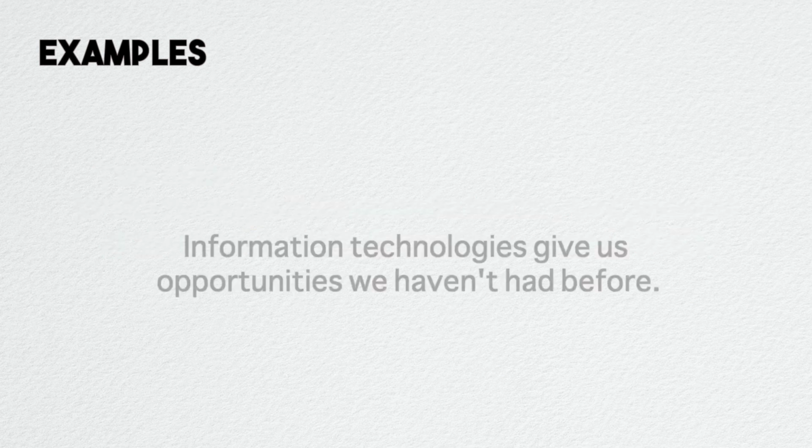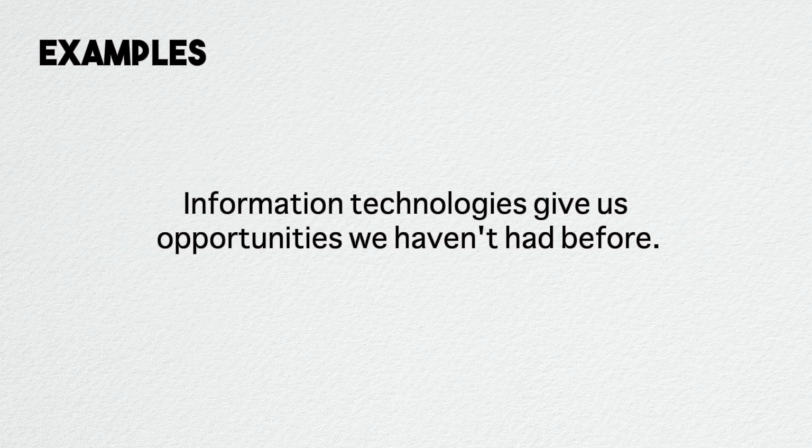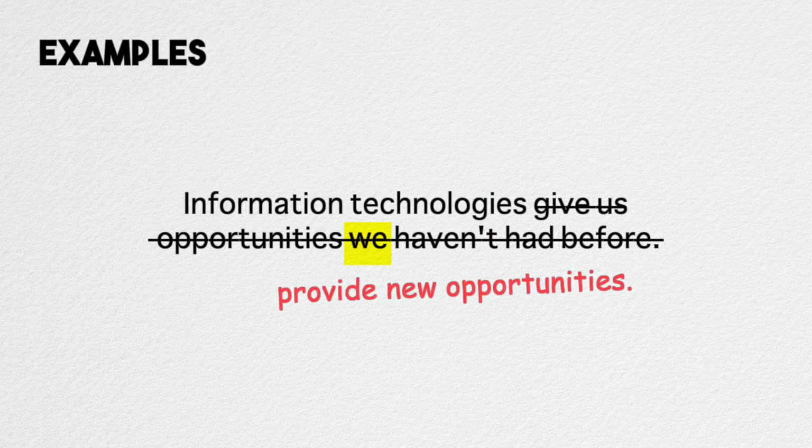One more then. Information technologies give us opportunities we haven't had before. Again, another informality has snuck in there with the haven't, but we're looking at the we again. How might we avoid using we? Information technologies provide new opportunities. Says exactly the same thing.